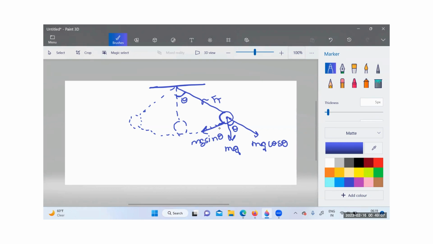How to draw a simple free body diagram. If you consider any periodic motion, there must be some sort of restoring force that brings back the object to its original position, right? So in this case, out of all the forces which I've represented, which would act as a restoring force?